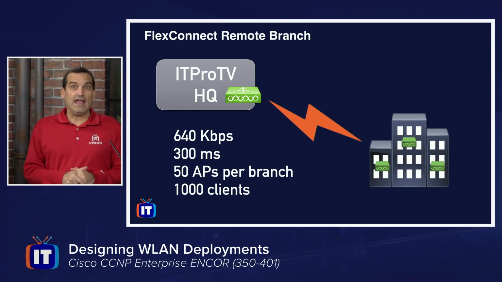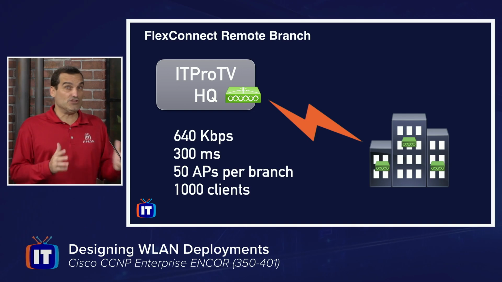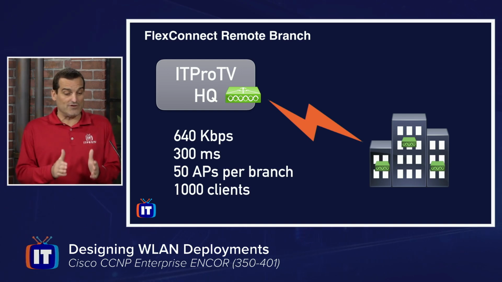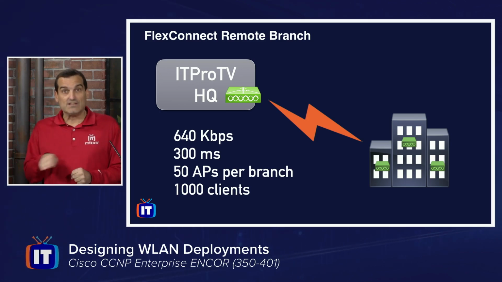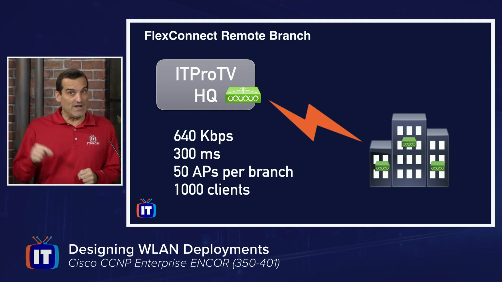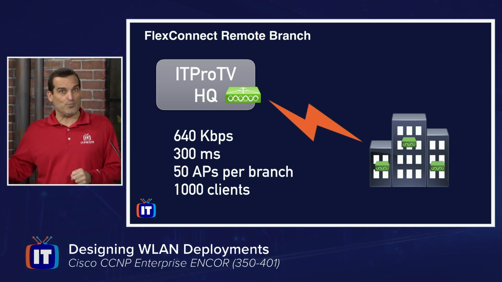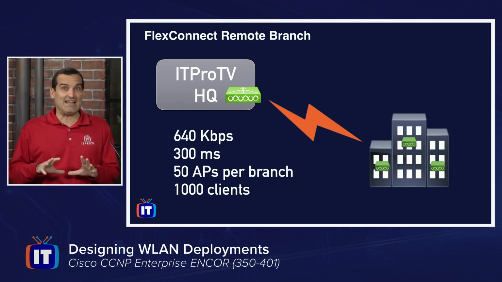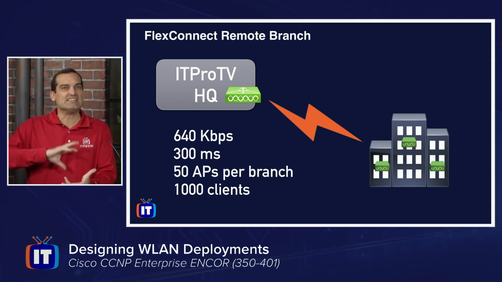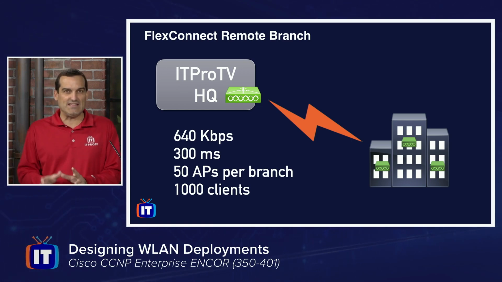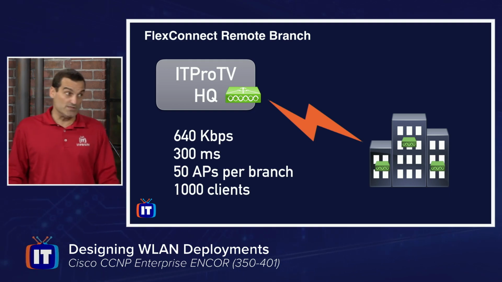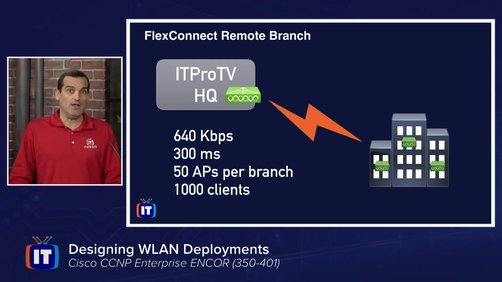And what you're doing is, to your point, Ronnie, you have the wireless LAN controller at headquarters. You have this WAN link, and then you have your APs out at the remote branch, and FlexConnect is tuned. It's designed for this, and they do all this cool stuff behind the scenes to allow you some really decent scalability.